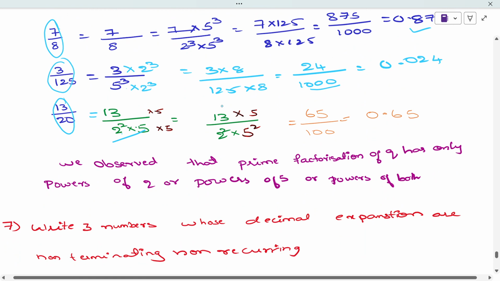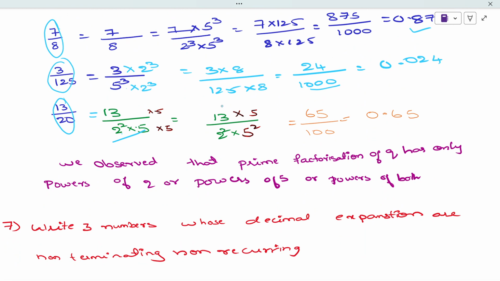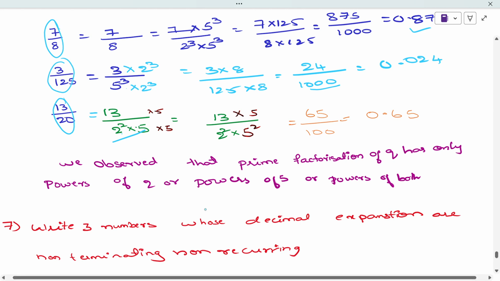We observe that the prime factorization of q has only powers of 2 or powers of 5 or powers of both. So q must be a power of 2 or a power of 5 or a product of both, then only it is a terminating decimal.